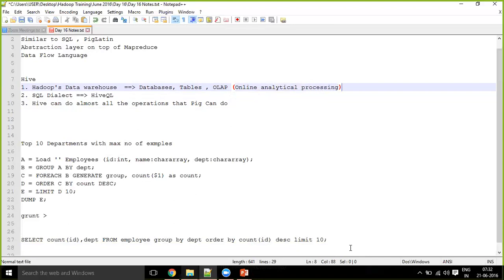Analytical processing means taking historical data, let's say it could be 3 months of data or 6 months of data, or 1 year of data or 5 years of data. So take some minimum amount of historical data and do some analysis and find out the derivations.